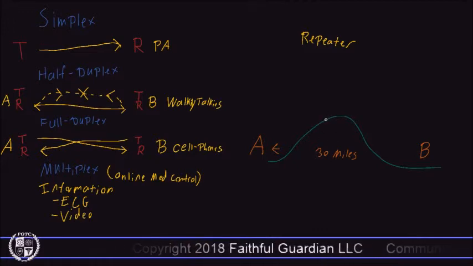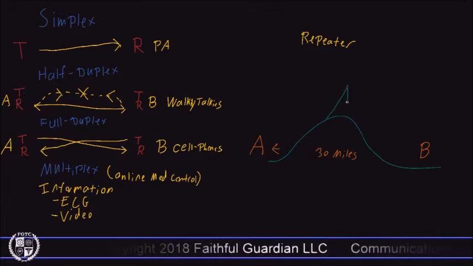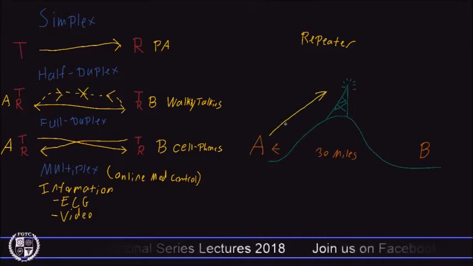Now, if you happen to have a tower on top of said mountain, and it's sending out the signal, what you wind up with is somebody going from transmitter receiver A. They are going to be sending a message to this receiver on this input frequency.